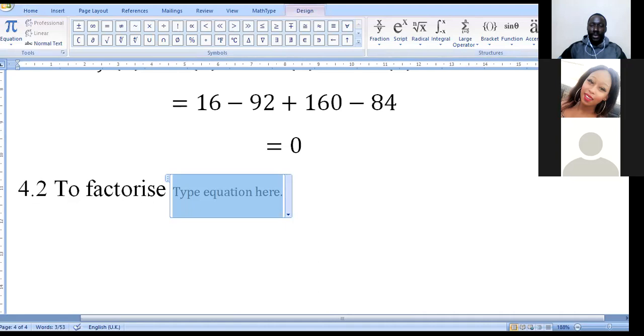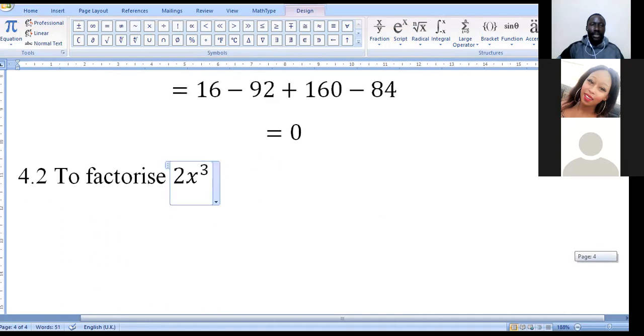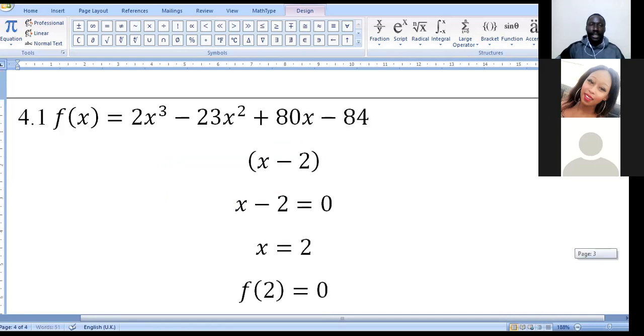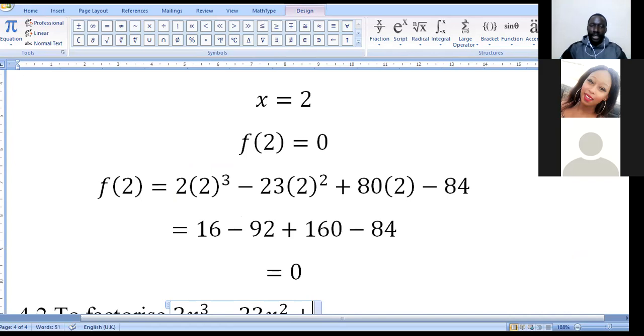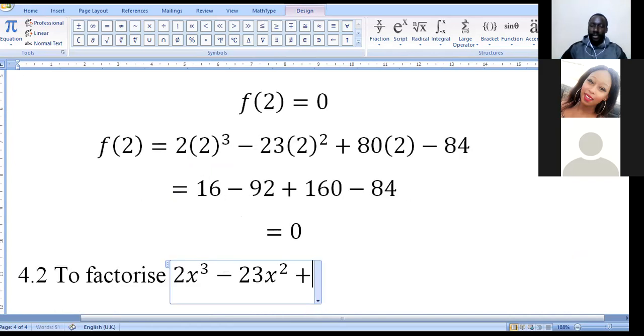The original function is 2x cubed minus 23x squared plus 80x minus 84.